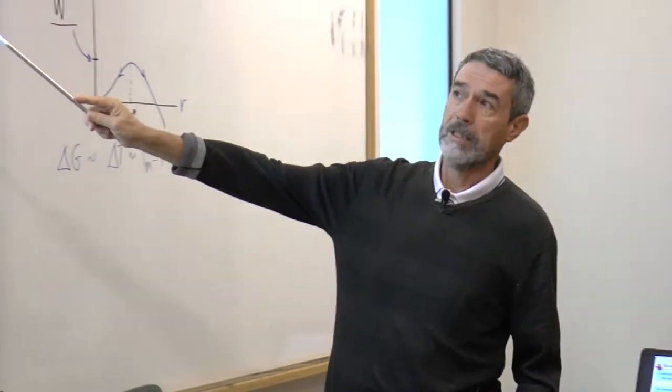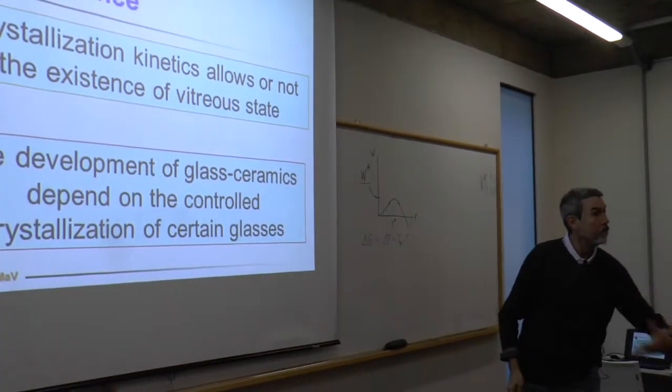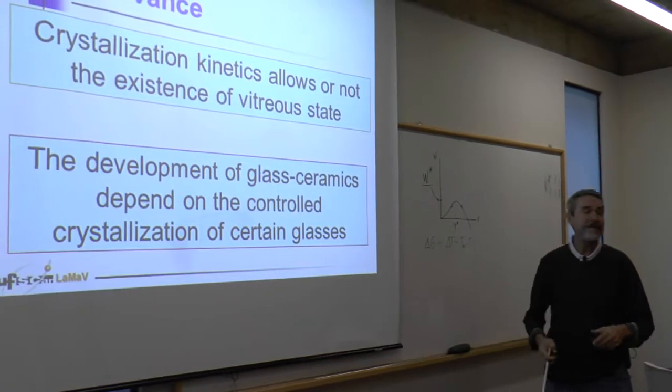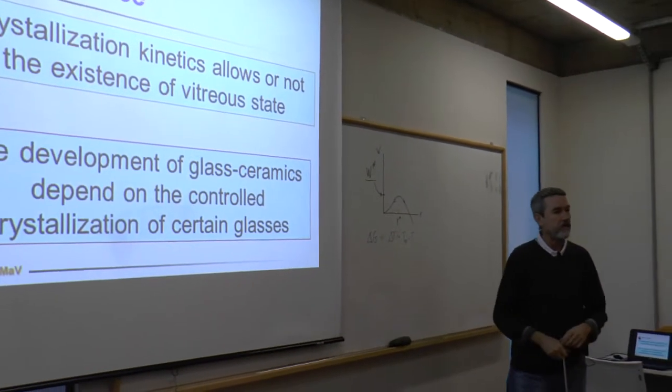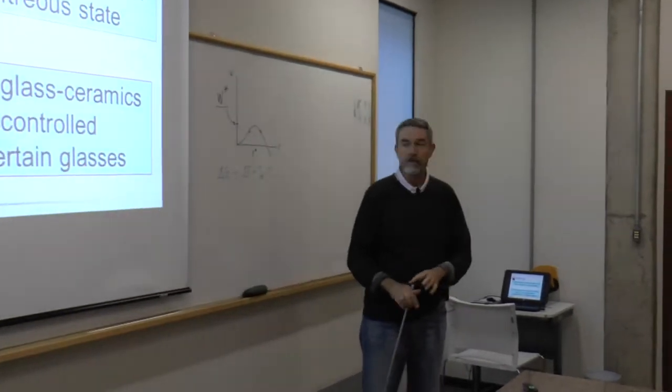Why is this relevant? Well, crystallization kinetics, the overall combination of nucleation and growth, allows or not the existence of the vitreous state. If you want to make a glass, you have to avoid crystallization.